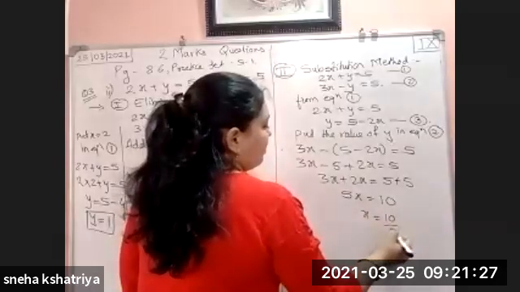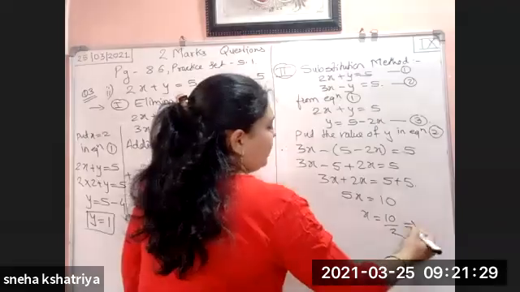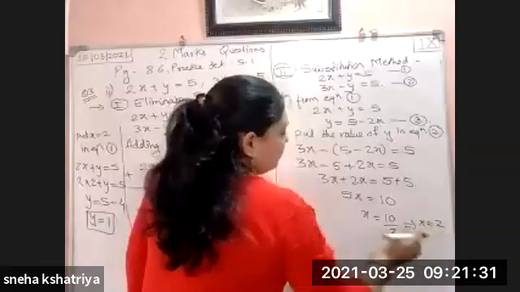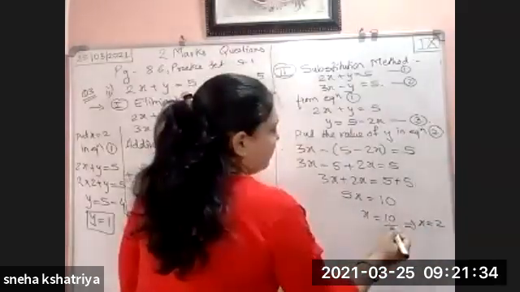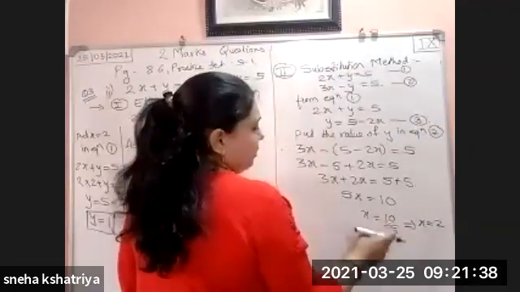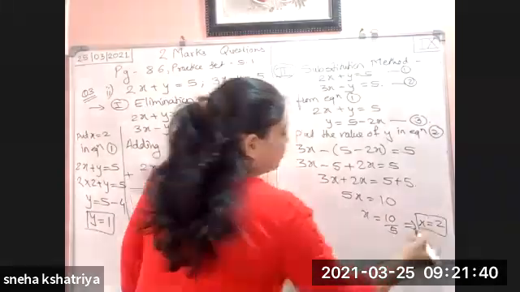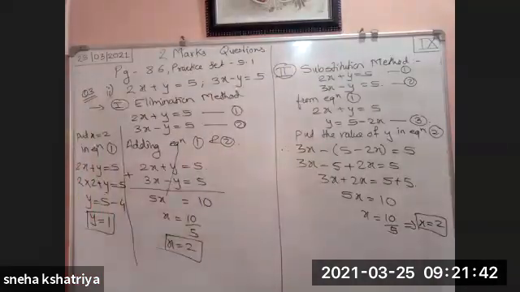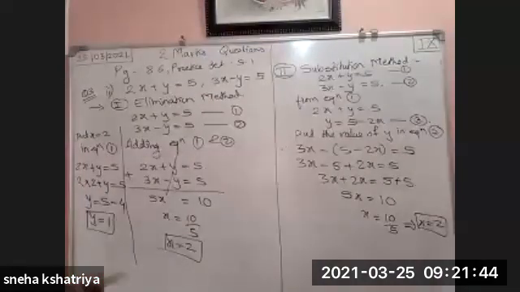x is equal to 10 divided by 5. This 5 will divide here. 10 by 5, x is equal to 2. We get the value of x is equal to 2. Put that value in equation number 3.